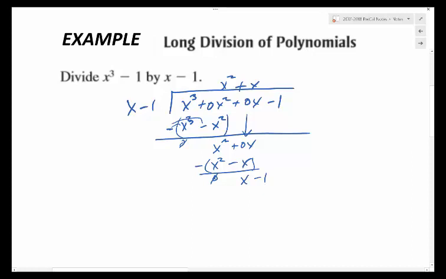And, well, that's a simple one. I can just multiply it by 1. And I get x minus 1, and when I subtract that out, I get a remainder of 0. So the original function was x cubed minus 1. The divisor was x minus 1. The quotient is x squared plus x plus 1. And the remainder is 0.